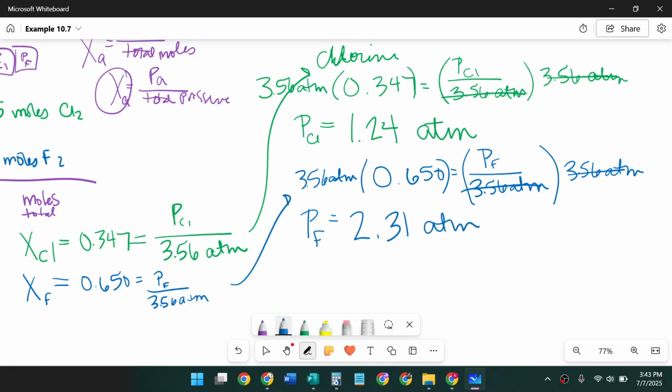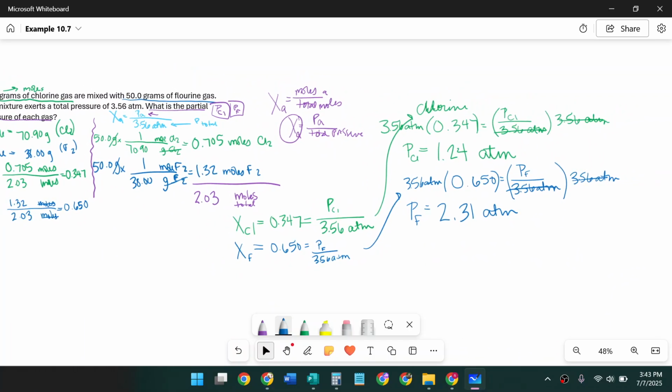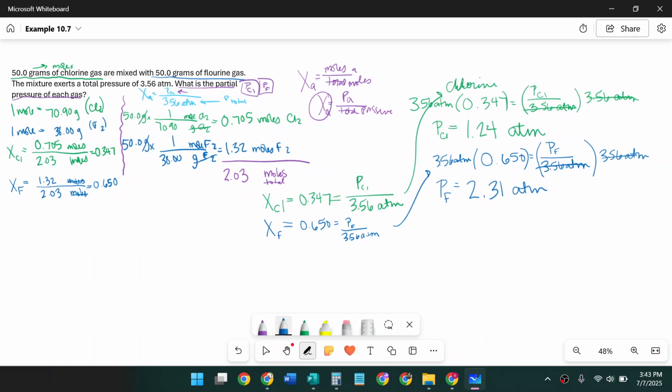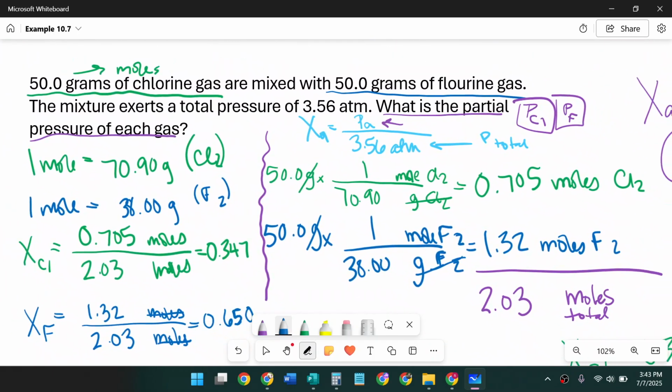Now, because this one was a little bit less straightforward than the first one, let's review what we did. The problem told us that we had 50 grams of one gas and 50 grams of another gas. It told us the total pressure of that mixture, and then it wanted to know the partial pressure. The partial pressure of a gas divided by the total pressure of the gas is the mole fraction.